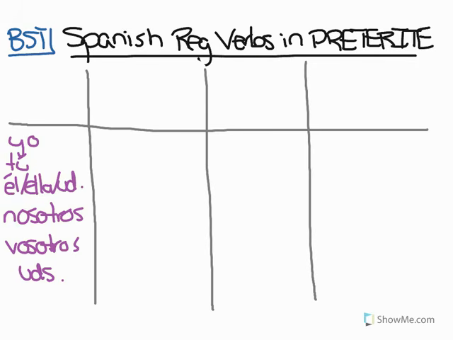So let's look at some examples of regular verbs conjugated in the preterite tense to get used to this.